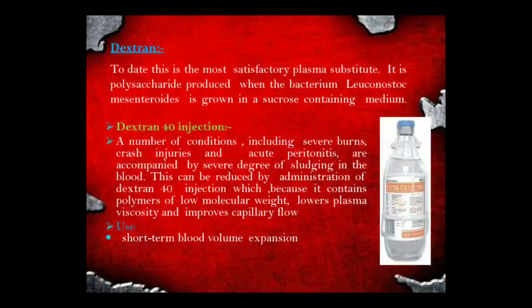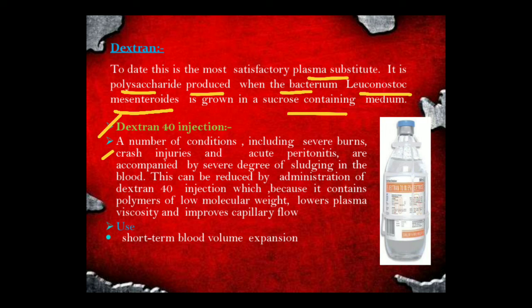Dextran is the most satisfactorily used plasma substitute to date. It is a polysaccharide that is produced when the bacterium Leuconostoc mesenteroides is grown in a sucrose containing medium. Dextran 40 injection: a number of conditions including severe burns, crash injuries and acute peritonitis are accompanied by a severe degree of sludging in the blood.